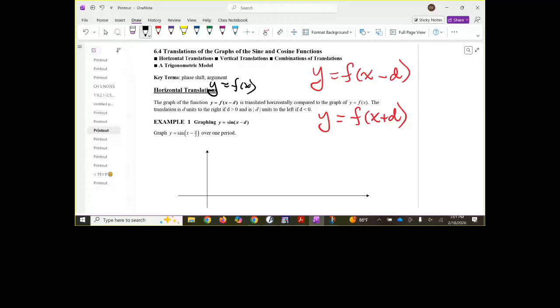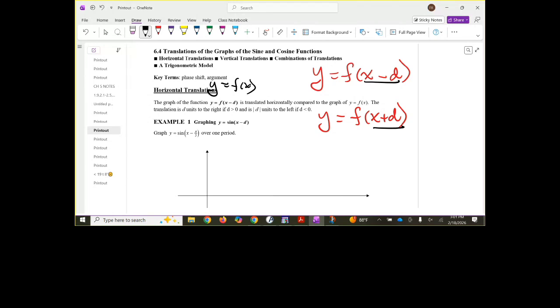That's our typical function, y equals f of x. Y'all, we changed something in both of those cases, right? Do you see how the change is occurring inside my parentheses, right? Because it's f of x minus d or it's f of x plus d. That's inside my parentheses. Y'all, when we're making those changes, those are making changes horizontally on the x-axis, okay?